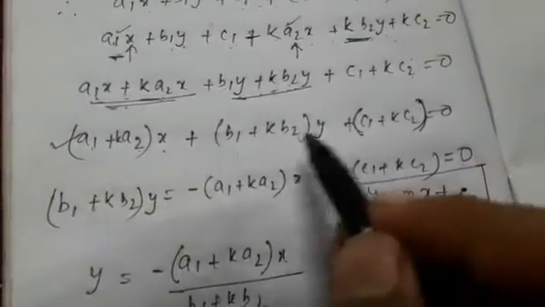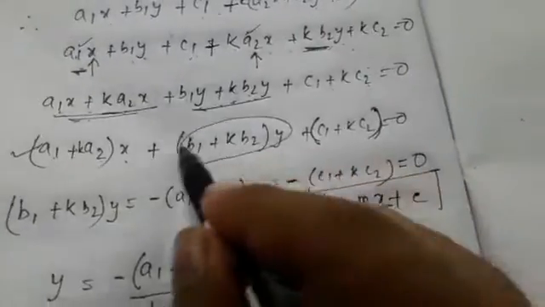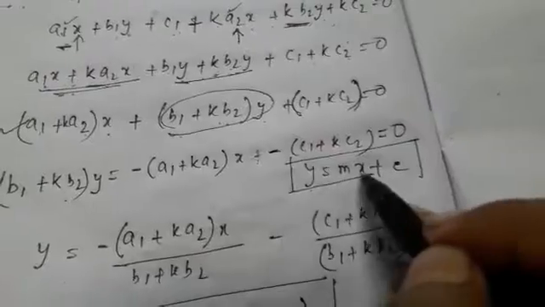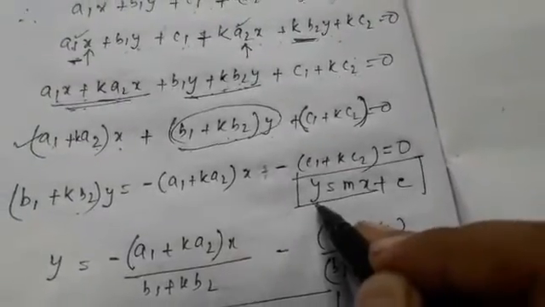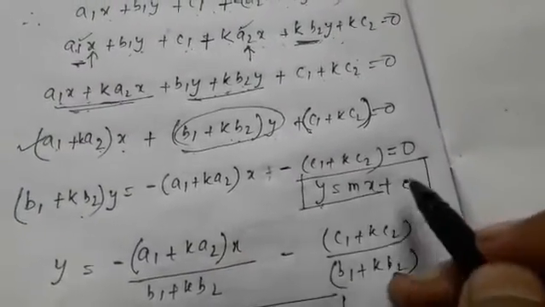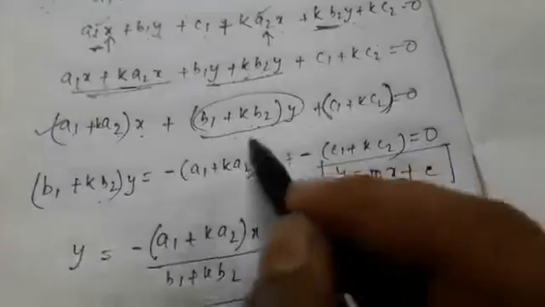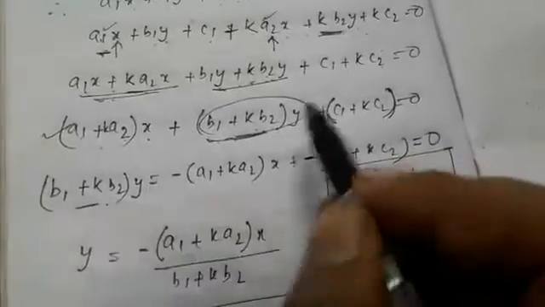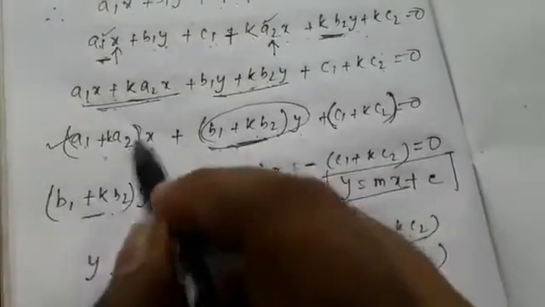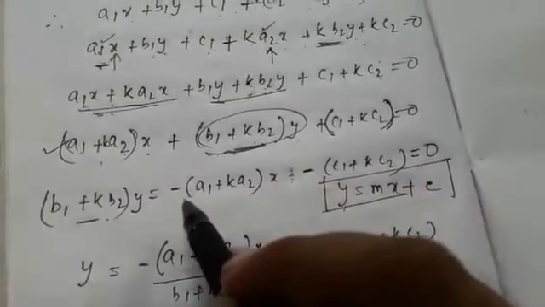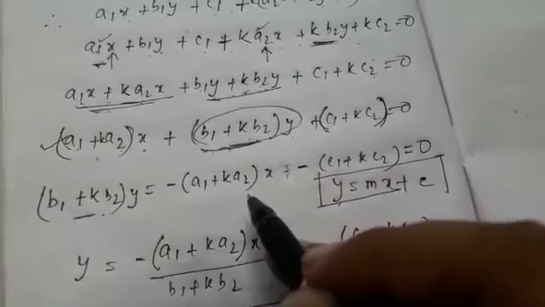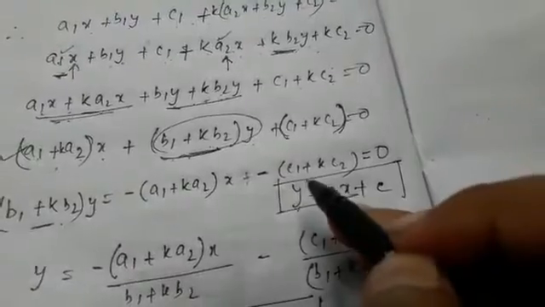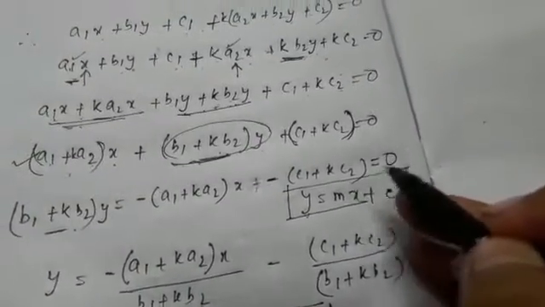So what you are going to do, you are going to keep the y term on one side, because to arrange in y equal to mx plus c form, you need y on one side and the mx term and the constant on the other side. So here this y term is there, you keep it on this side, you send this term there, so this entire term will become minus (a1 plus ka2)x, minus in the bracket (c1 plus kc2) is equal to.